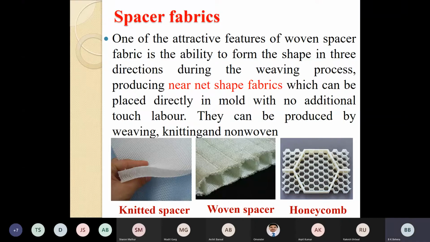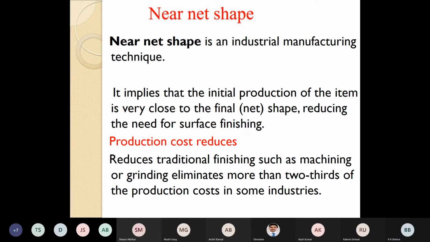But what is near net shape? Near net shape is an industrial manufacturing technique. What does it mean? It means that the initial production of the item, here the spacer fabric, is very close to the final shape.